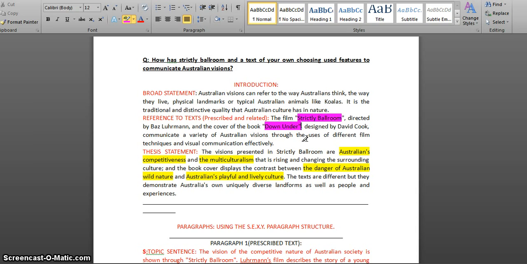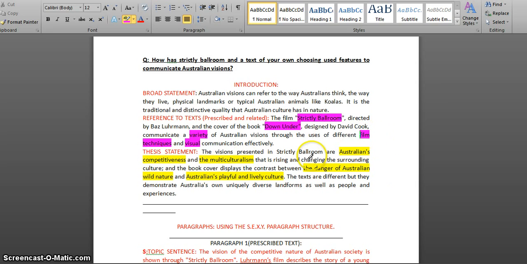You might recall that. And he has said that they communicate a variety of Australian visions. So he's going to talk about many things within the concept of Australian visions, and he also specifies that he's going to talk about film techniques and visual techniques. I think he probably missed there that it's called visual techniques.